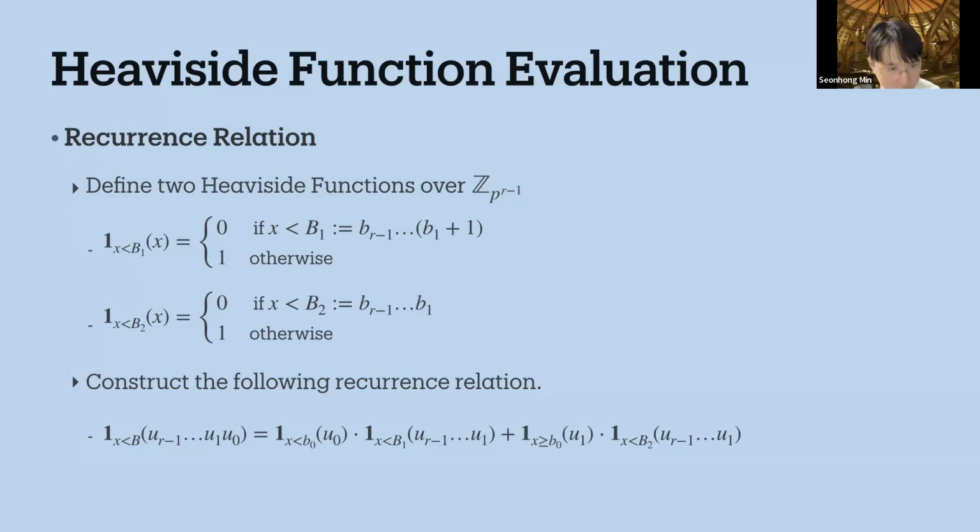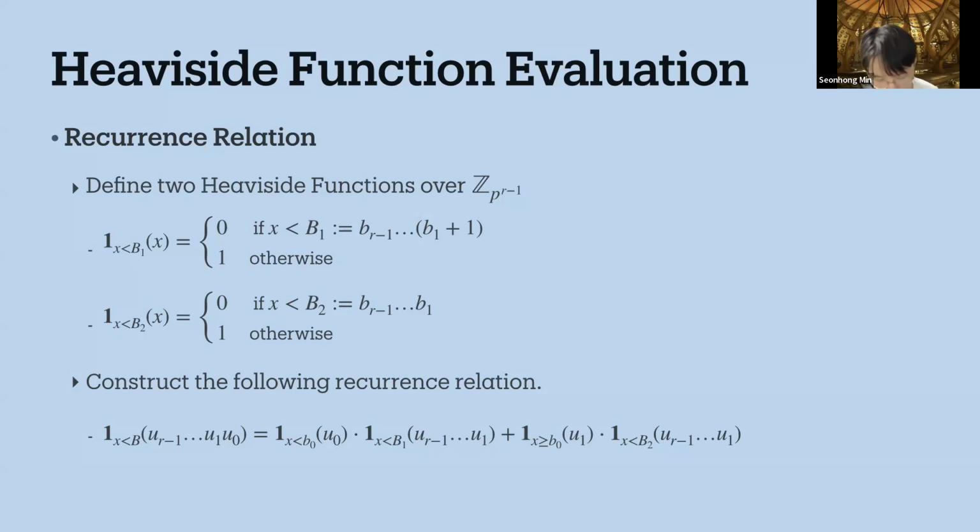Then we can define these two Heaviside functions over p to the r-1. The first one has the bound b_{r-1} ... b_1 plus 1, and the second Heaviside function has the bound b_2, which is b_{r-1} ... b_1. Then we can construct the following recurrency relation.